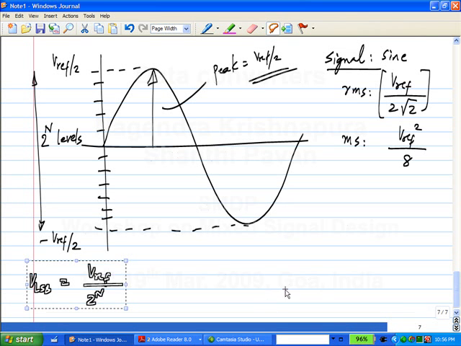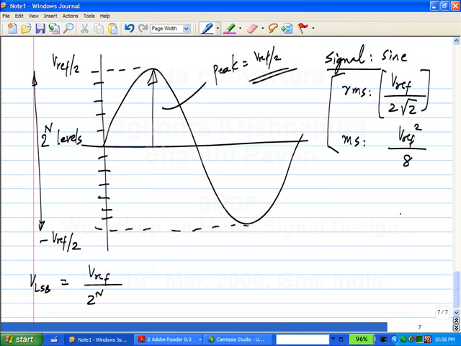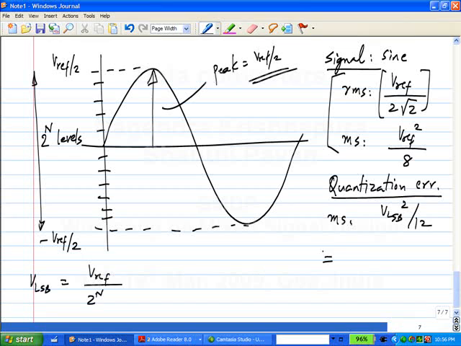For the quantization error or the quantization noise, the mean square value is VLSB square by 12. And how much is it? It is Vref square by 2 raised to 2n times 12. I have simply squared this and divided it by 12.